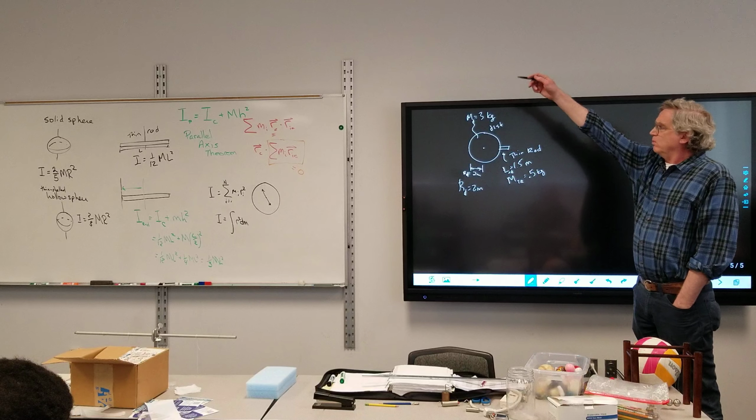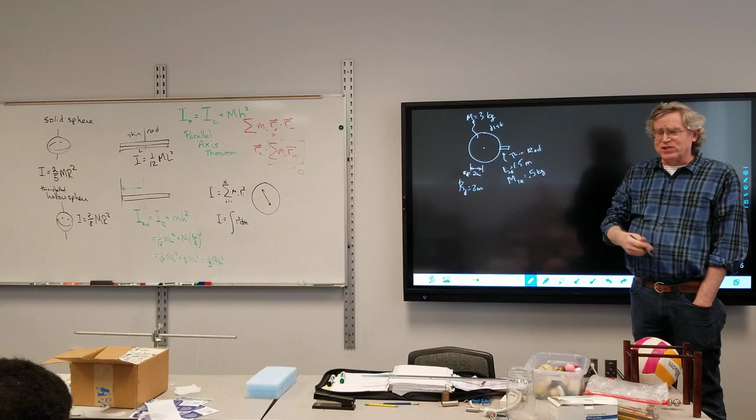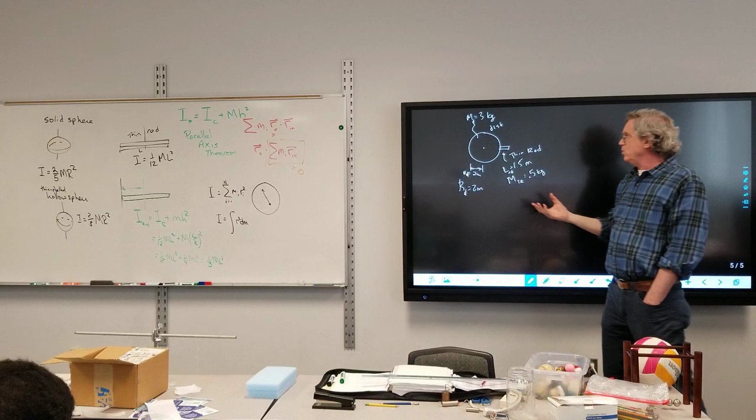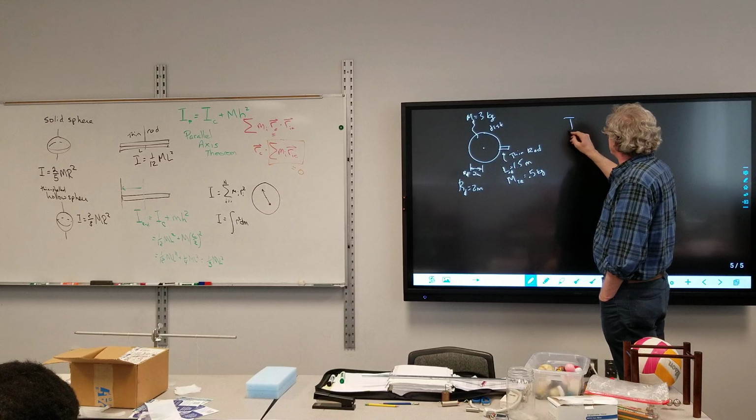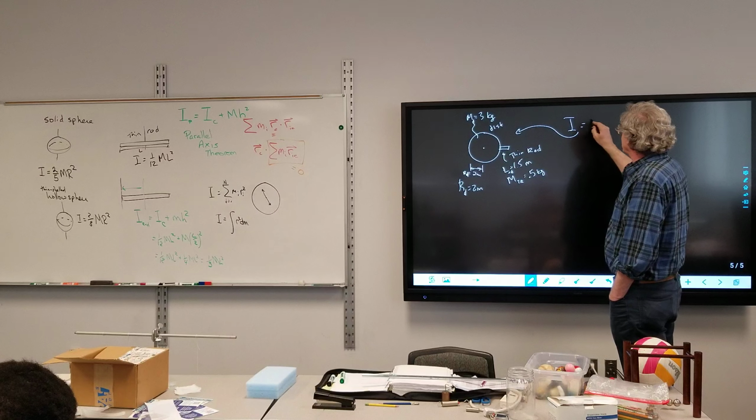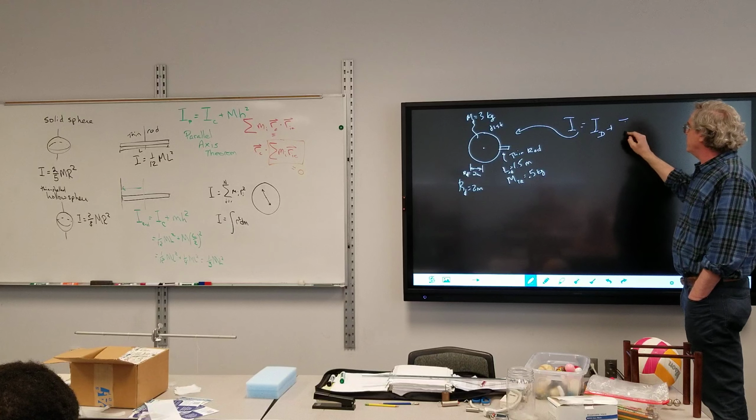All right, so moment of inertia is just a sum of a lot of things. So the moment of inertia of this contraption is the moment of inertia of the disk plus the moment of inertia of the rod.